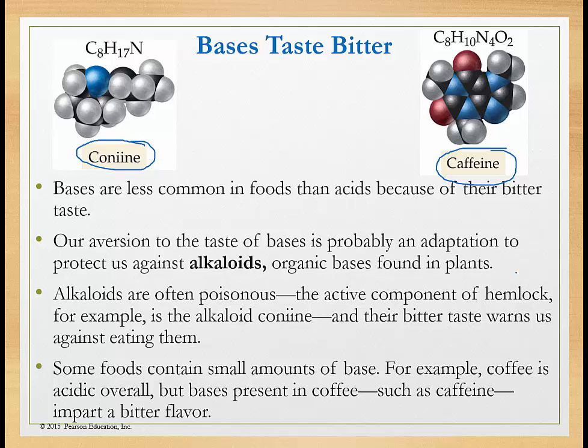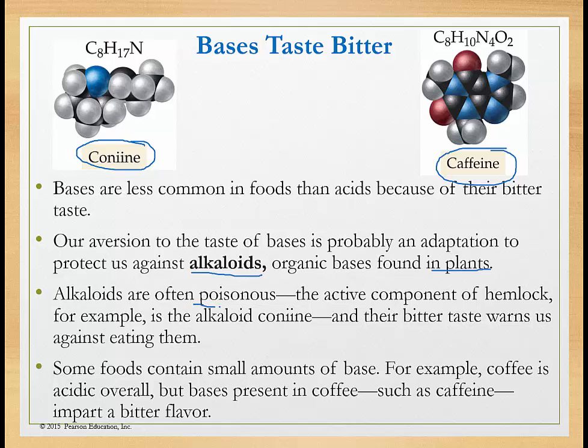Well, the reason for that is probably an evolutionary trait. It's something that has developed over time because a lot of bases found in nature are things called alkaloids. And these are very often manufactured by plants. These alkaloids that plants manufacture are often poisonous to us. That is how the plant is defending itself.